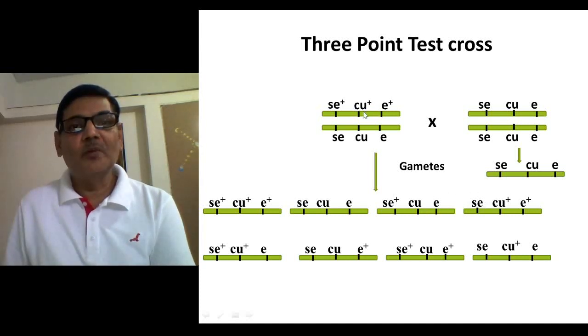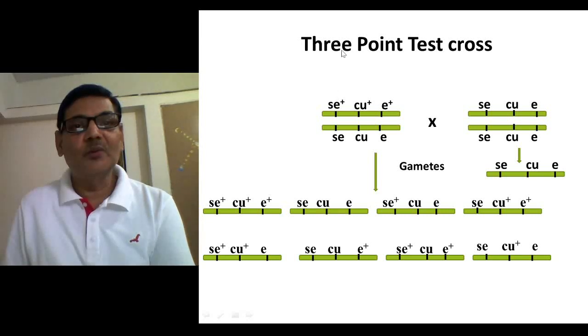Now if crossing over occurs between cu and e, then what will happen? You will have again 2 types of gametes, and that is shown here on the lower side. So crossing over is now occurring between cu and e. So you will have sc plus, cu plus and e.